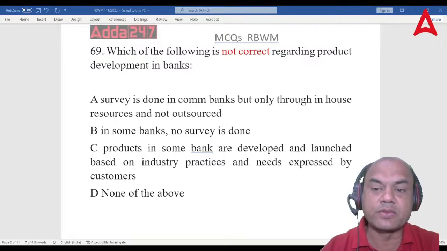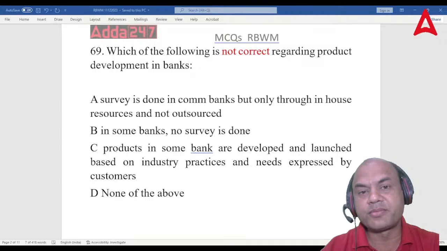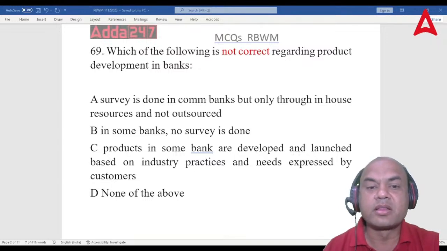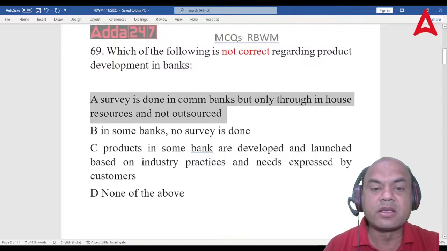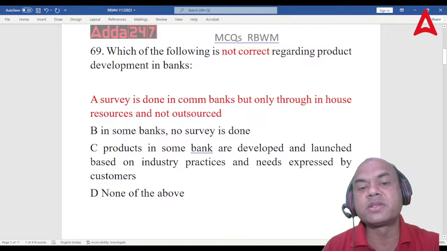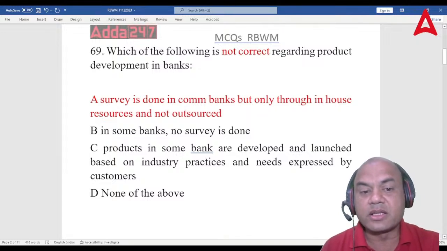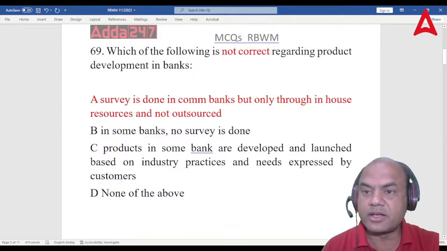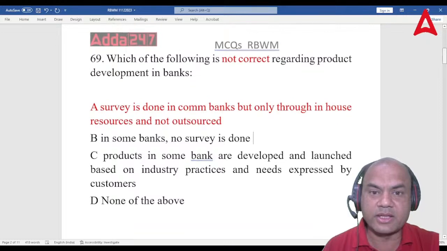And the last one is none of the above. So what should be the answer over here? The answer is A. Survey is done in-house, this is not correct. Why? Because survey in commercial banks is not done in-house. It is outsourced. Got it? Clear? Next one.